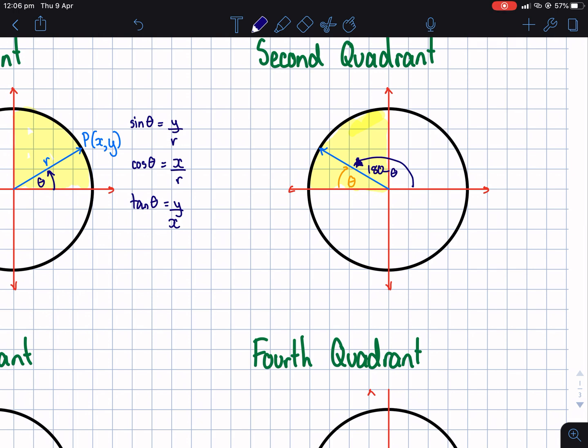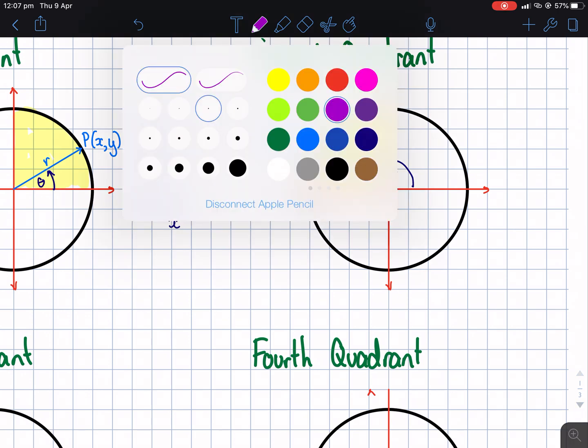Then for the angle that we're looking at, this point P is now minus x, comma, still positive y, because we're in the negative x but still positive y, and the radius is still r.